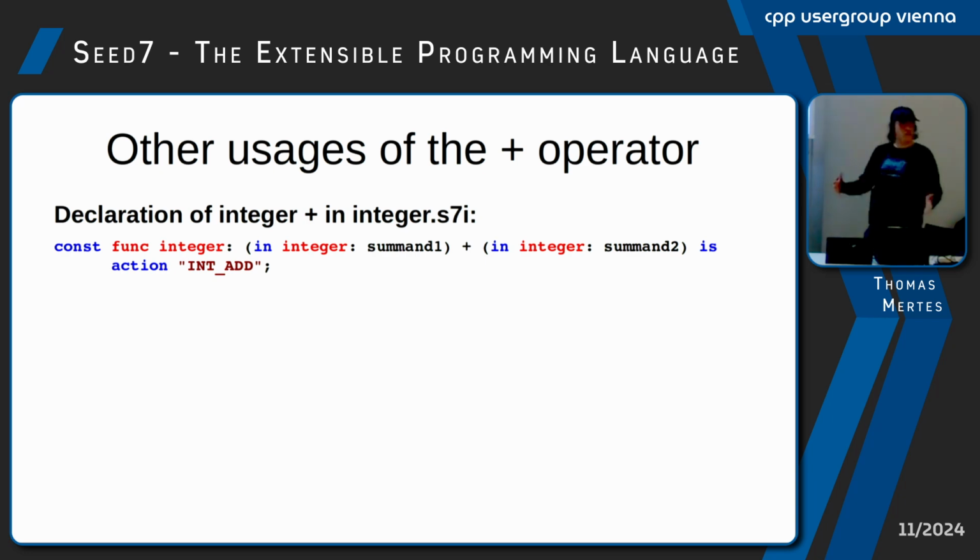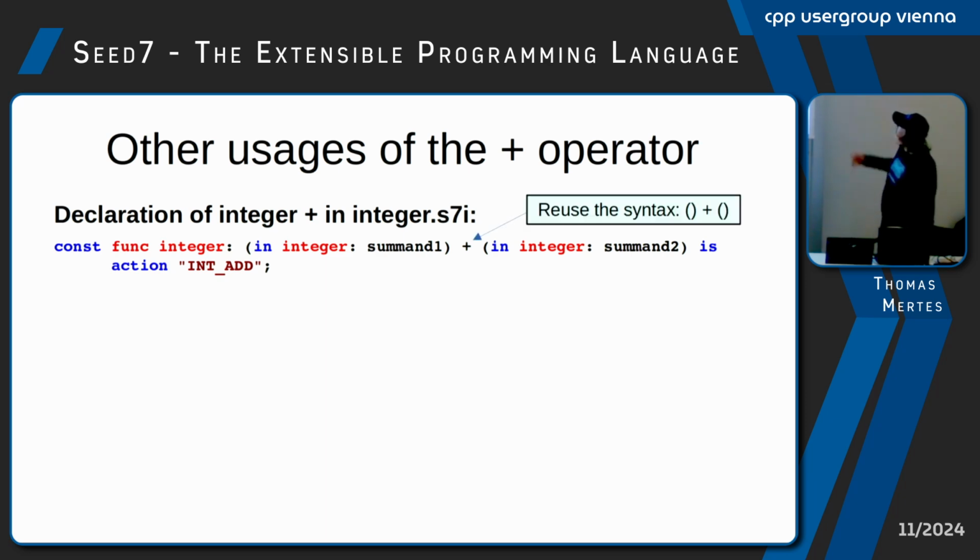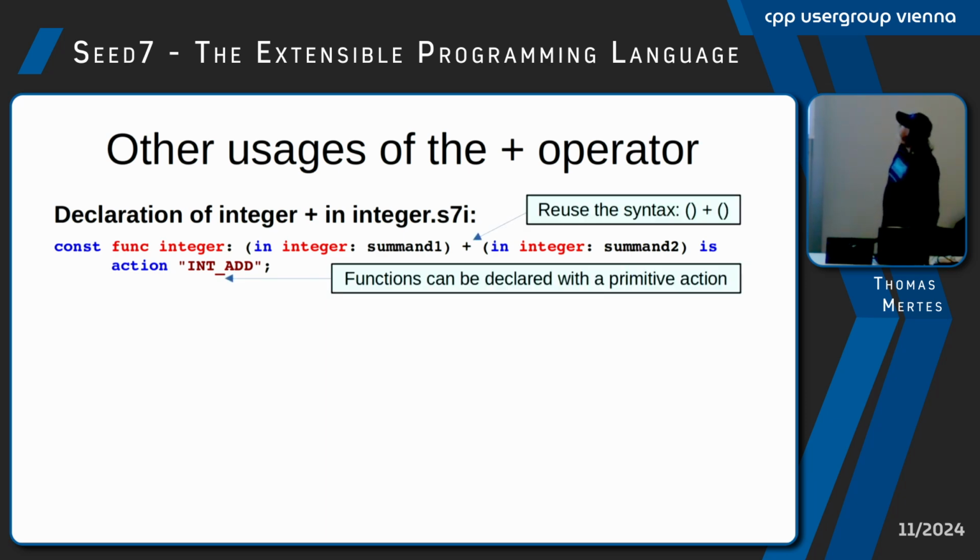And once we have defined the syntax of the plus operator, we can overload the plus operator with different semantics. So we have here a function with an integer result and two integer parameters. We reuse the syntax, and you might have wondered, what is this int add? These are primitive actions.